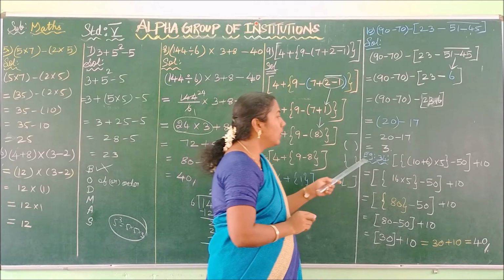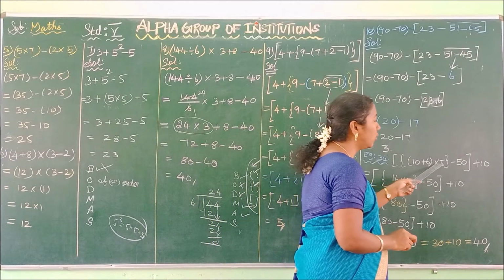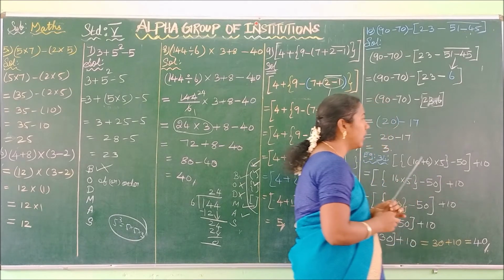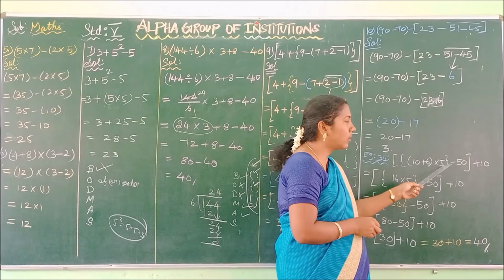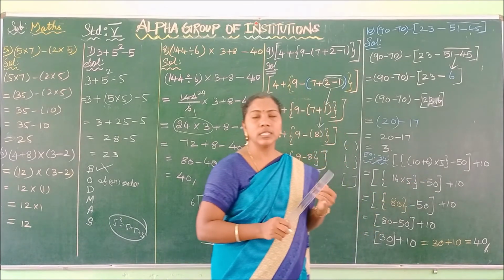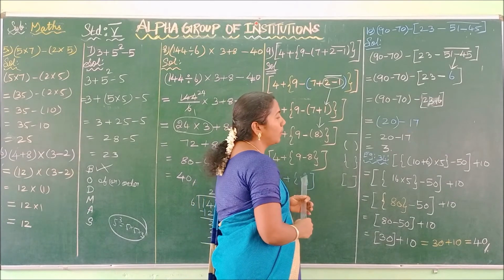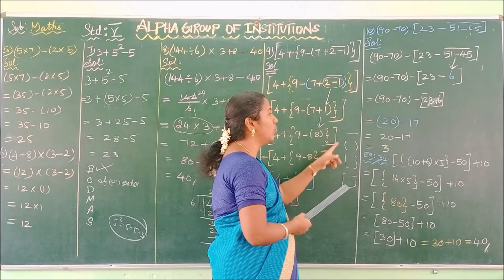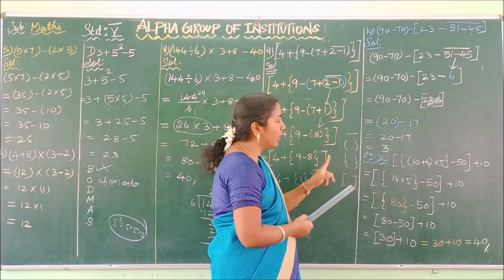Okay, see the example 34th sum. 10 plus 6 into 5 minus 50 plus 10. Here also we have 3 brackets, I think. Simple, curly and square. By the order of evaluating the operation, first you have to evaluate vinculum, simple, curly and then square.